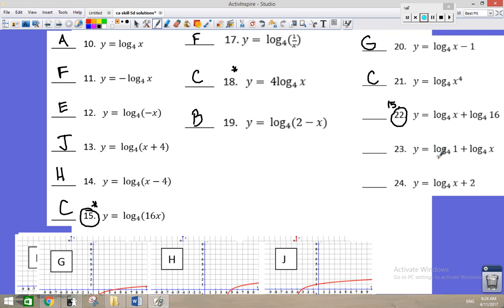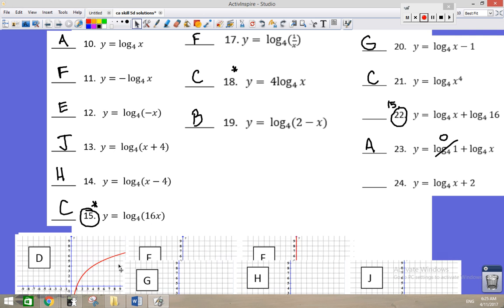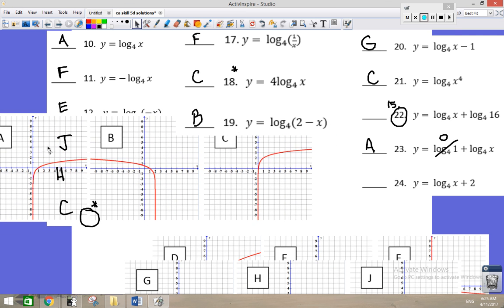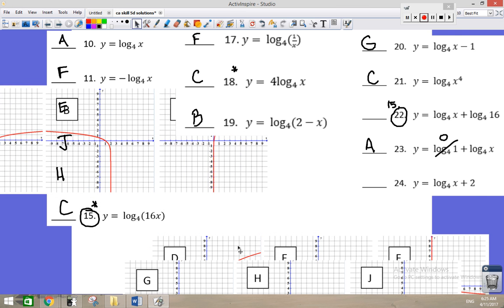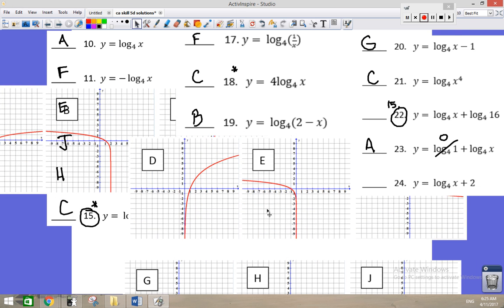Log base 4 of 1 is just 0, because 4 to the 0 power is 1. So this is definitely the graph of A, because with this being 0, 0 plus log base 4 of x, that's that. This plus 2 is a shift up 2 units from the graph of A. So this looks to be the graph of C, possibly.